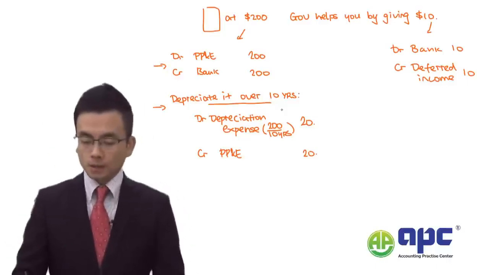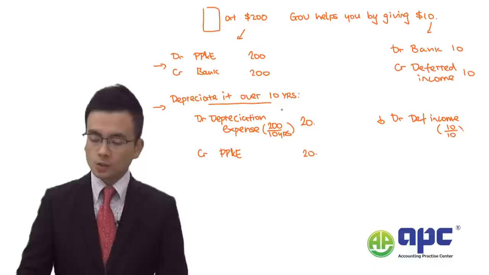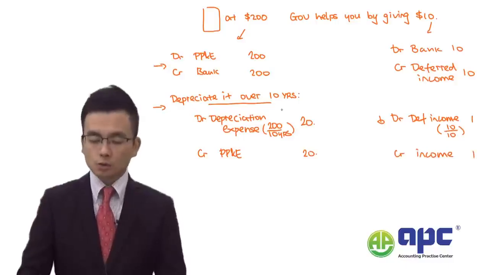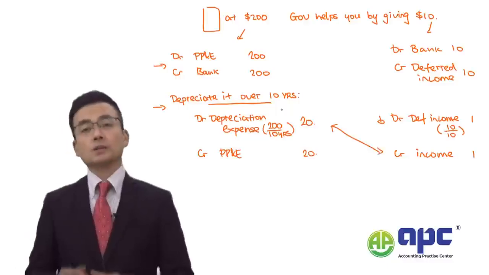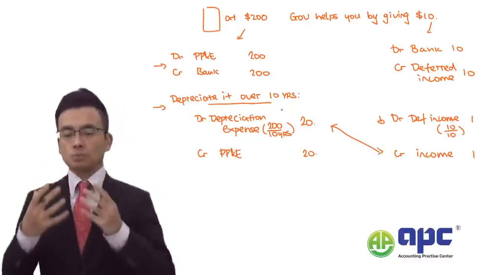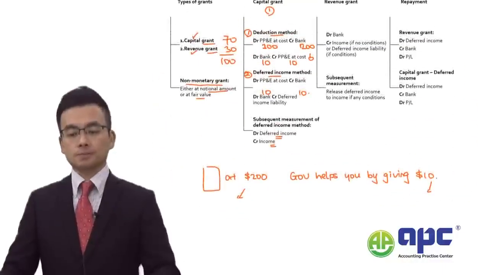So by debiting to reduce the deferred income liability by 10 divided into 10 years, $1, and to credit the income into the P&L by $1. So to match the expense that we incur when we acquire the asset subsequently, according to the matching principle. So this way is the deferred income method.